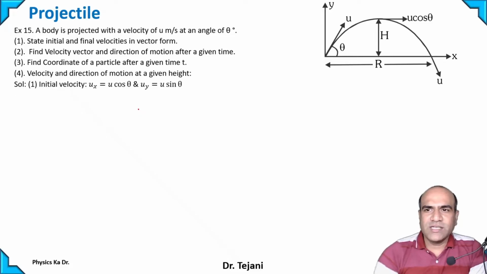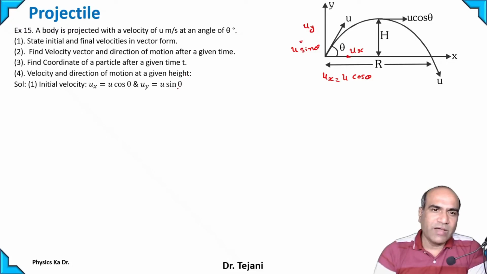So first, when we talk about initial velocity, u is initial velocity which is given at angle theta. So we know that there are two components, one is ux and another is uy. Ux is equal to u, nearer angle is cos, so u cos theta, and uy is equal to u sin theta. That we know very well.